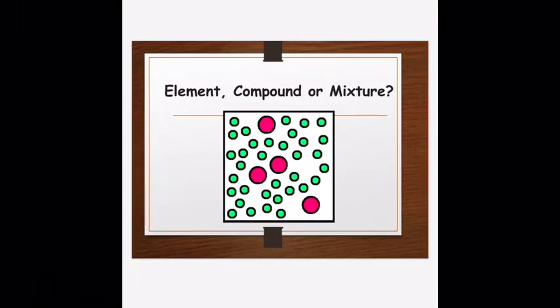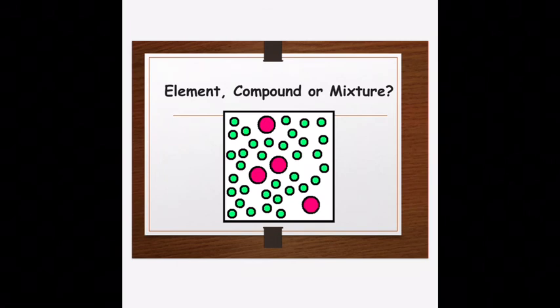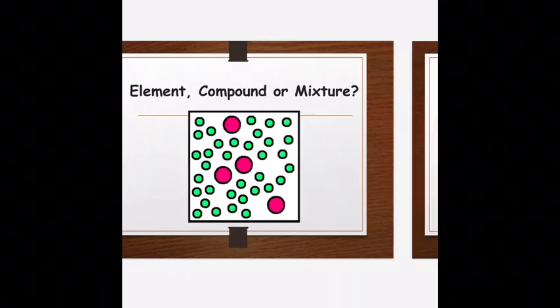Now, we're going to play a little game real quick. I'm going to show you a picture, and I want you to guess, is it an element, is it a mixture, or is it a compound? Okay, so go with this one first. This is elements. Actually, to be 100% specific, this is a mixture of elements.